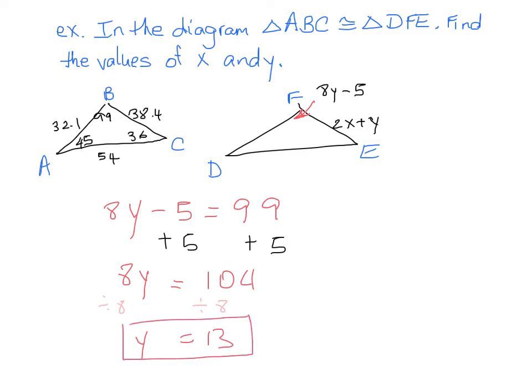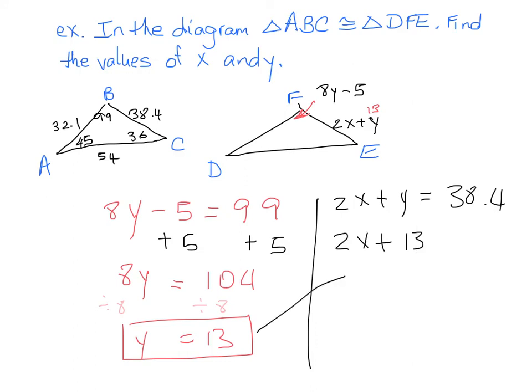All right, once we know y, that will help us to find x, as well as the fact that we know that side BC and side FE are congruent to each other. So we can use that fact to help us. 2x plus y is actually 38.4 because of that congruence.